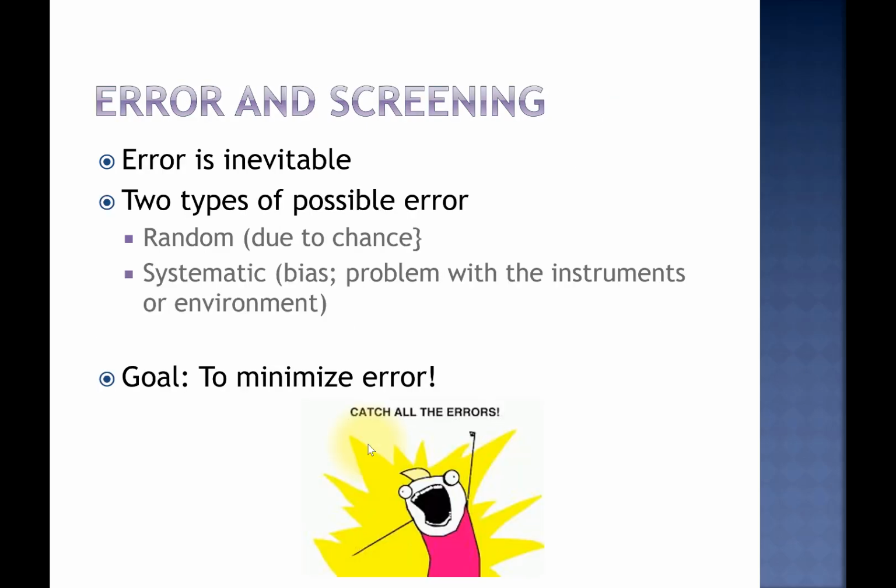In a perfect world, there would be no errors. Everything would run smoothly time after time. In reality, though, a lot of things can go wrong, so it is crucial that persons who administer the test properly prepare patients and remain unbiased. As you can see in your slides, there are two types of error: random and systematic. Random error is due to chance and not intentional by any means.